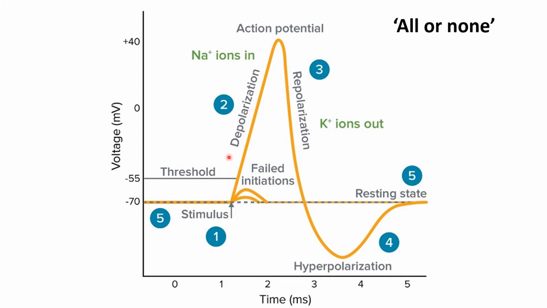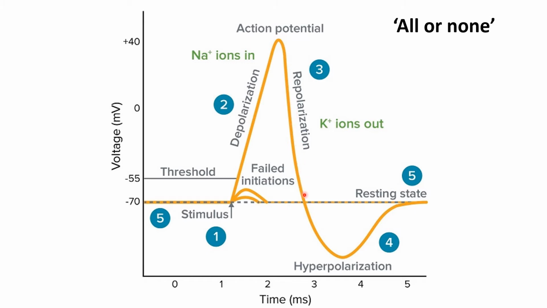Just remember the different phases, and know the ions involved with each phase. Remember that in depolarization, voltage-gated sodium channels are opening and sodium is flooding in. We hit peak potential, and that's when the voltage-gated sodium channels close and the voltage-gated potassium channels now open, and potassium floods out of the cell. That's the repolarization phase.